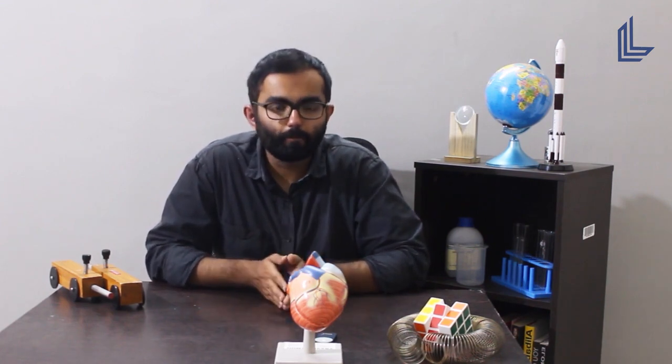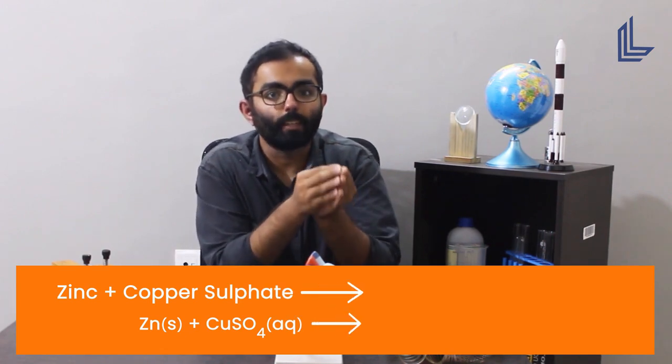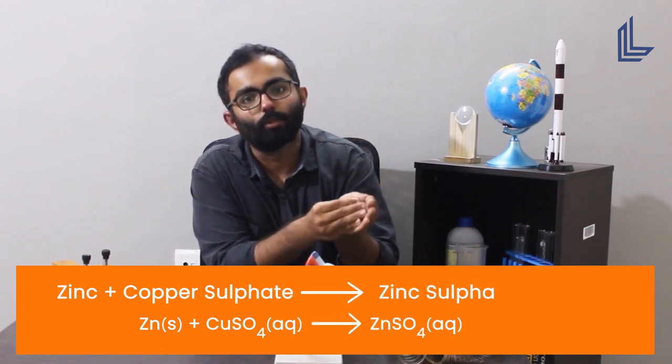Now similarly, if you replace the iron nail with a few pieces of zinc, a similar reaction will take place. Zinc will displace copper in copper sulfate to give us zinc sulfate along with copper. This reaction can be shown as Zn, that is zinc, plus copper sulfate, that is CuSO4, will give us zinc sulfate, ZnSO4, plus Cu, that is copper.